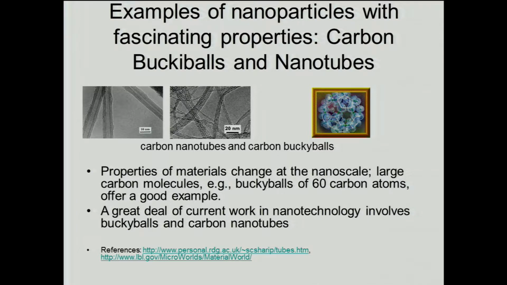Yes, it's a 2D array of the graphene layer that is folded in a cylindrical form, and the ends are closed. Okay, ends could be closed or could be open. Mostly they are closed. It is a graphite sheet which is known as graphene. They are formed into a cylindrical form.